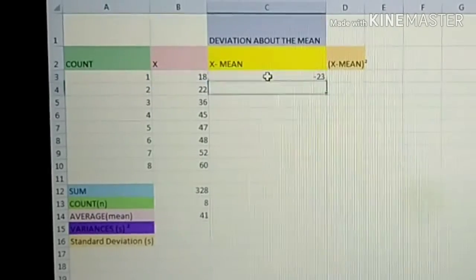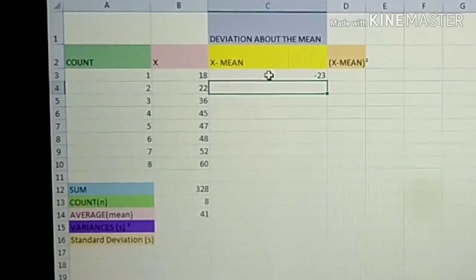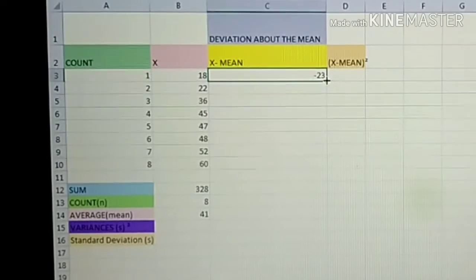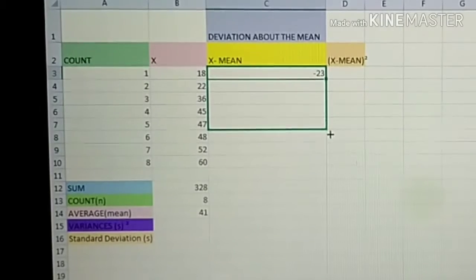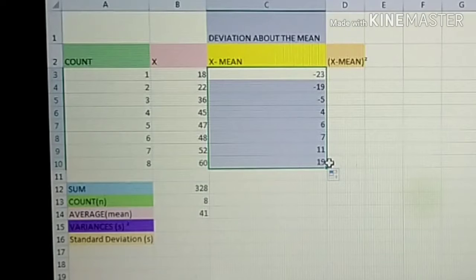Then, enter. That would be the mean of 18. Then, to get this, you will drop it down. Okay, that would be the x minus mean.